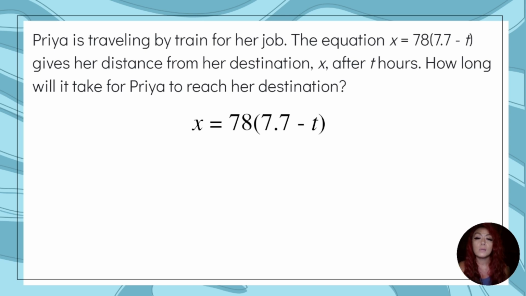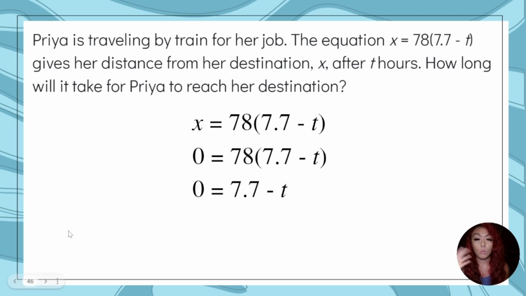We're going to substitute 0 for x because we know when her distance from her destination is 0, then she's reached it. Okay, so let's solve for t. We're using inverse operations, right? So we'll divide both sides by 78. 0 divided by 78 is 0. And we're left with 0 equals 7.7 minus t.